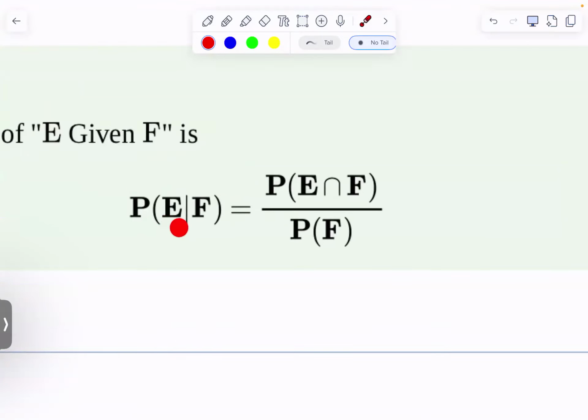So you have the probability of E given F is the probability of E and F divided by the probability of F. Okay? And so what we did was we had to find all the outcomes in that smaller subspace that satisfied the criteria, right? And the probability of F is that overall, that bigger sample space, or the bigger subset of the sample space.